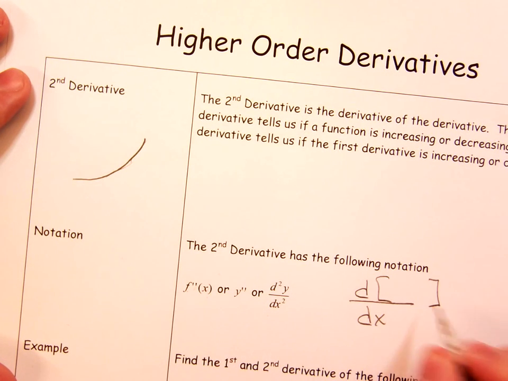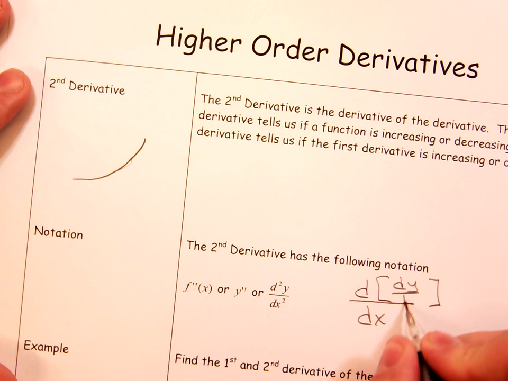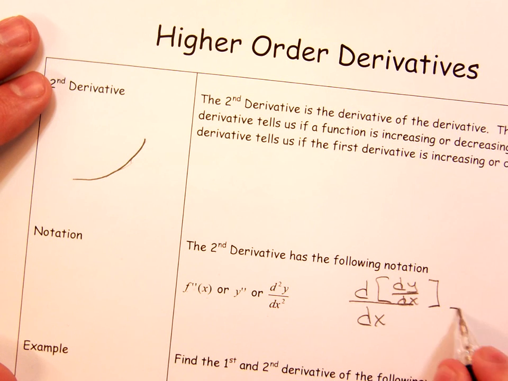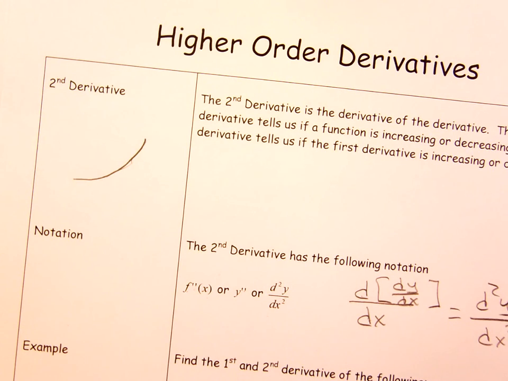This is a verb. It means take the derivative. This would be take the derivative of the derivative, right? So d dy turns into d squared y, and dx becomes dx squared. That's where that comes from. It's just the derivative of the derivative.